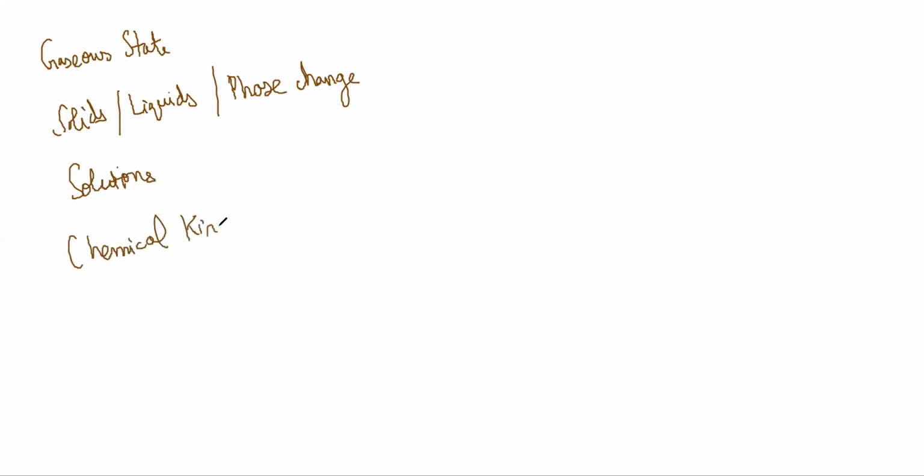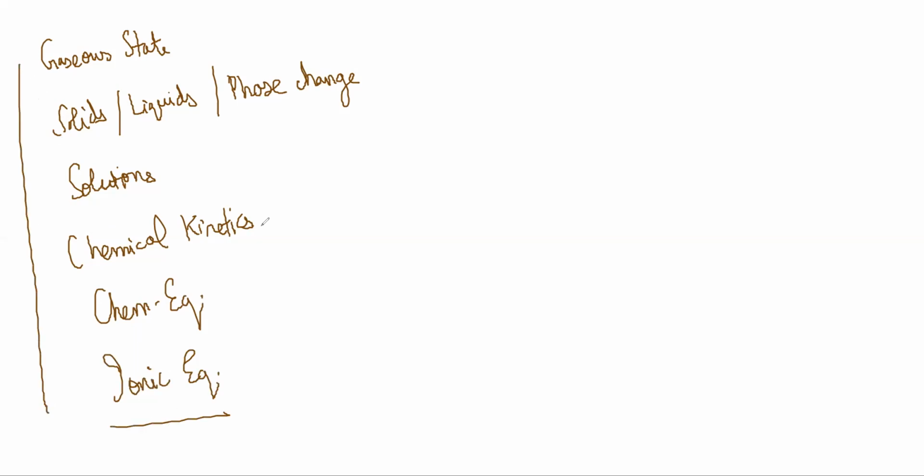Then solutions and their properties, then chemical kinetics, then chemical equilibrium, and then ionic equilibrium. These are the chapters that we want to do. These 6 chapters we have to do before we start organic.